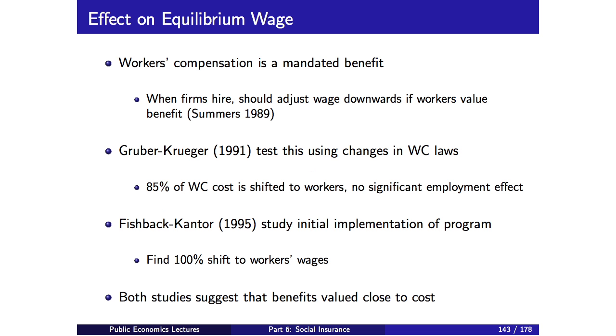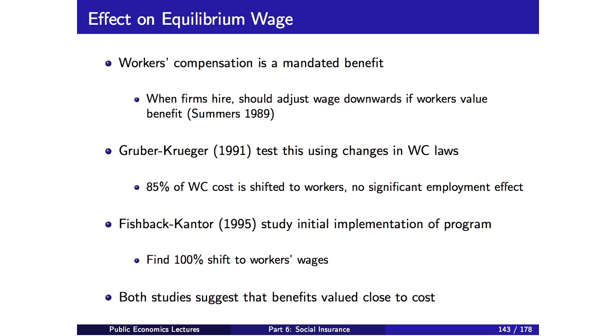Because workers' comp is a mandated benefit, the third part of this literature where people have done some empirical work is related to the Summers '89 paper that we talked about early on. So what do we expect to see if workers value this workers' compensation benefit?